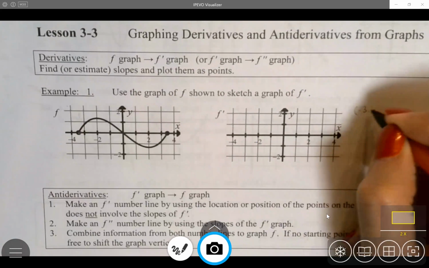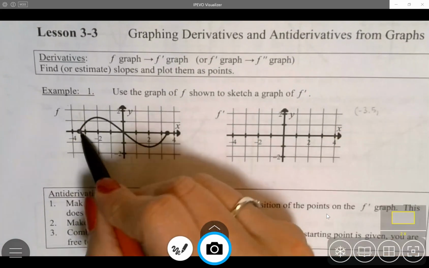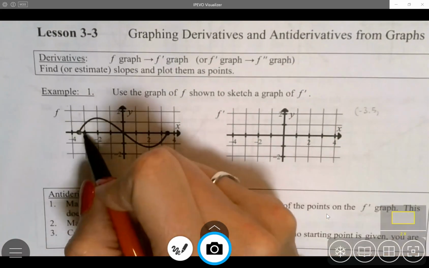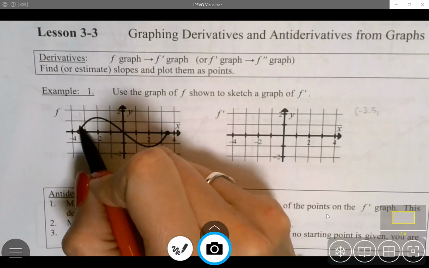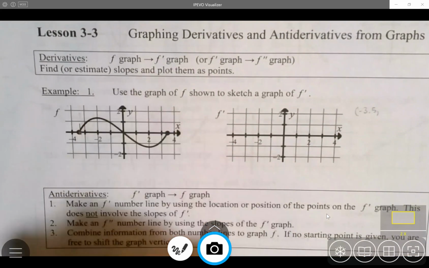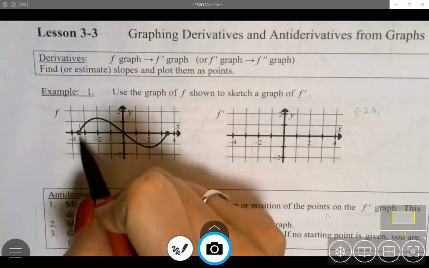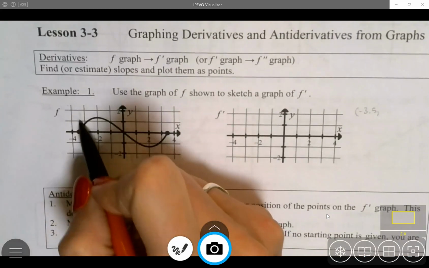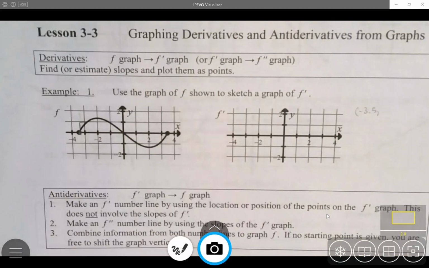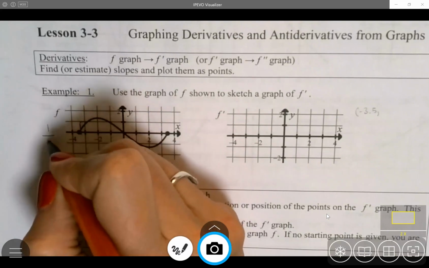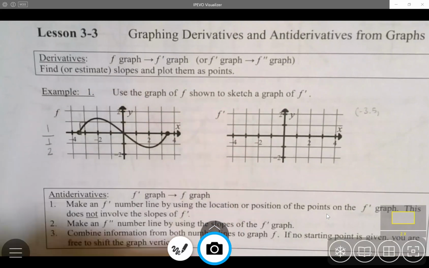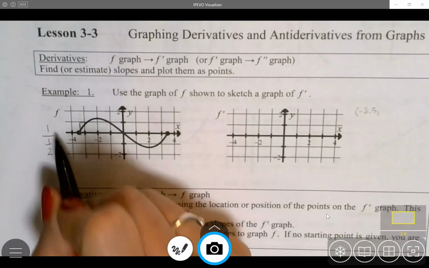So at negative 3.5, I'm going to estimate what this slope is right here, okay? So if I went up here to find this slope, I would go up 1 and over a half, okay? So if I go up 1 and over 1/2, then that makes the slope approximately 2.